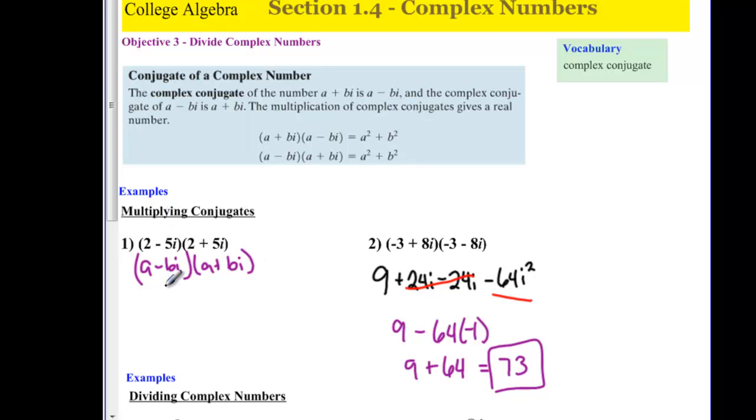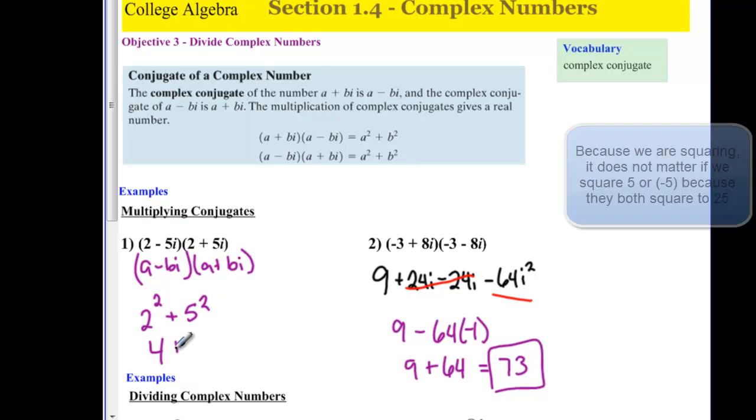The 2 is the a, we square that, we get 4. Then plus, and we take the 5, the b, and square it. So we get 4 plus 25, which is 29, if we do the shorthand way.